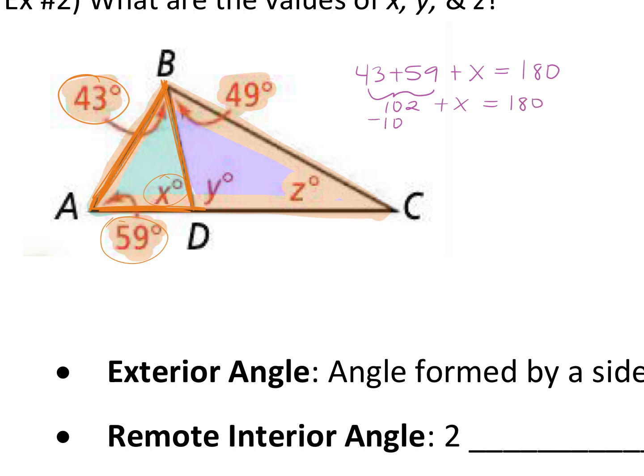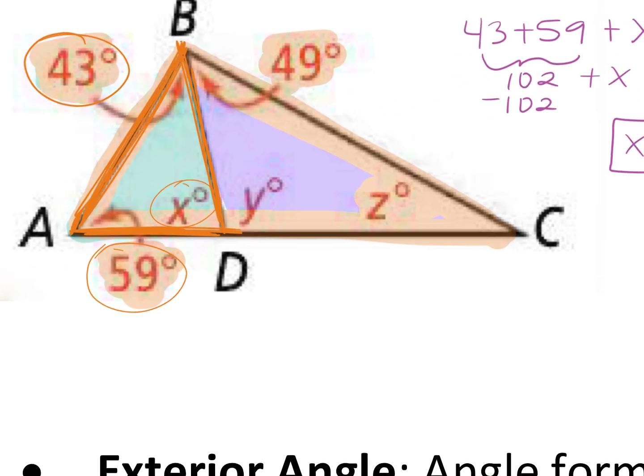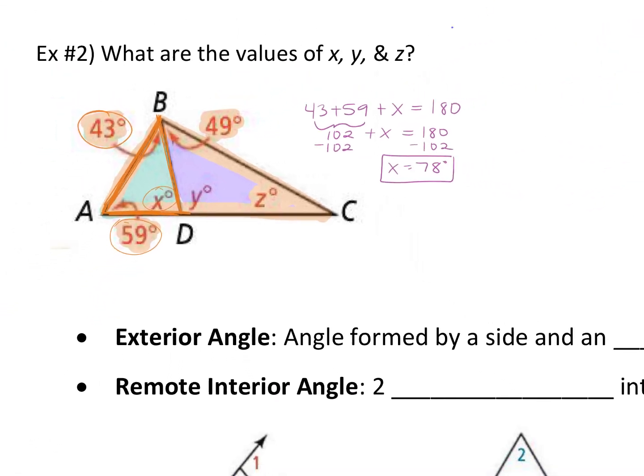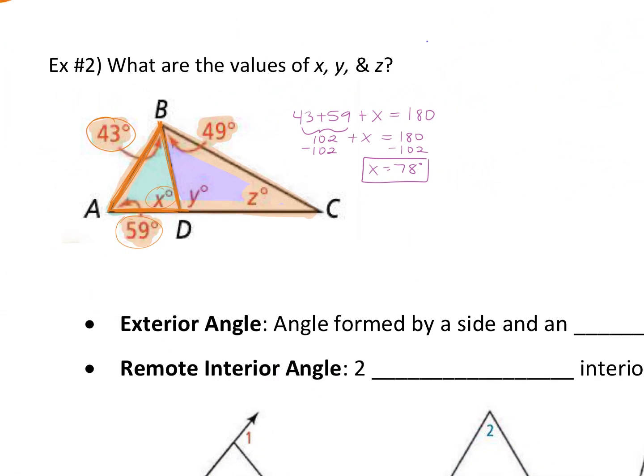And then we take away the 102. So x is 78 degrees. Now I always say it's super helpful to write in what you know. So I know that x is 78. I'm just going to cross this out and write in 78.